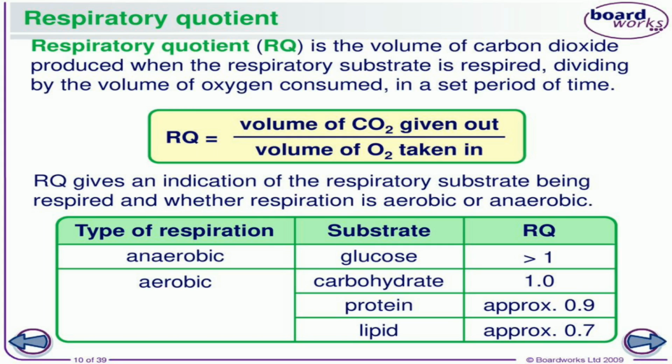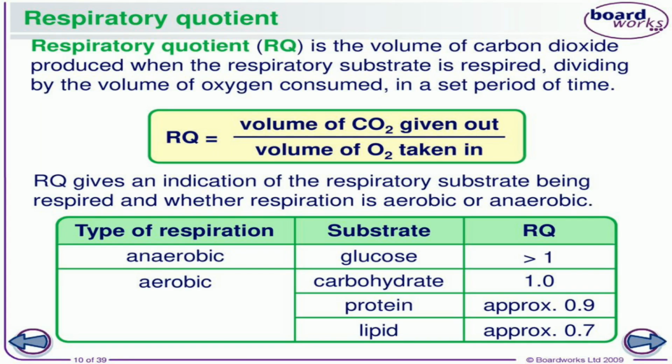Now, respiratory quotient gives us an indication of respiratory substrate. If we know the respiratory quotient, we know which substrate is being used during the process of respiration. In anaerobic respiration, respiratory quotient is greater than 1.